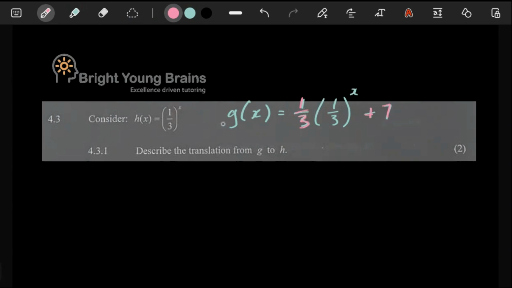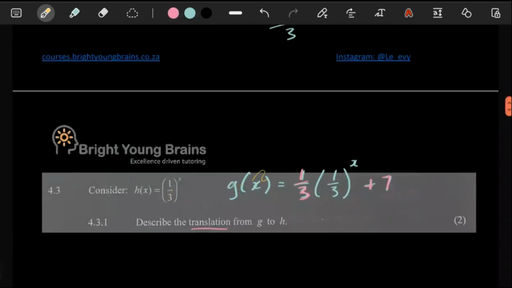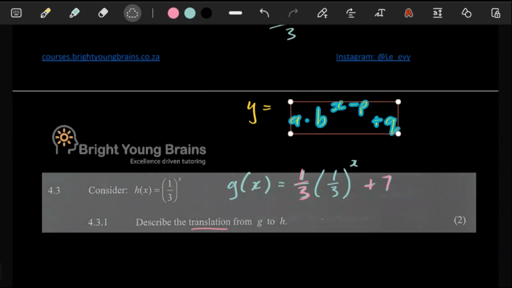Now the big idea is when they speak of a translation, they are talking about a movement, from left to right or from top to bottom. So to determine the translation, we need to think of the standard form of an exponential graph, where we need to have a value for p here and a value for q.